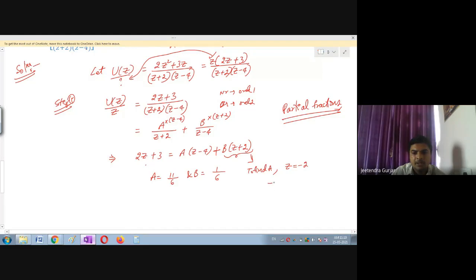So this will be minus 4 plus 3 is equal to A into (minus 2 minus 4) plus B into (minus 2 plus 2), which means this term will become 0. Then this will be minus 1 is equal to A into minus 6. Yes, you have done the same way.